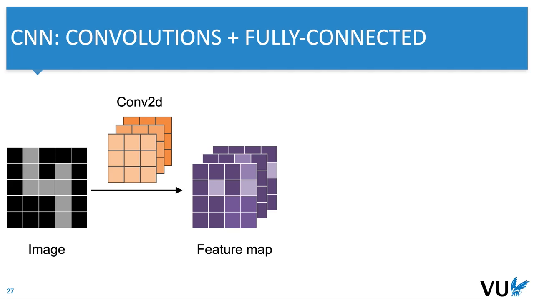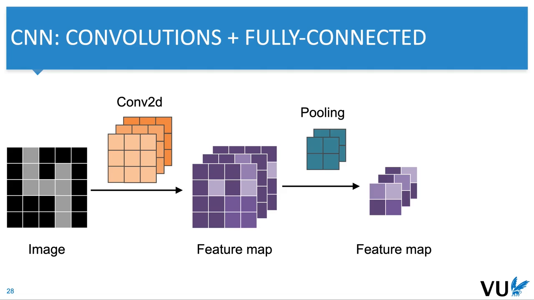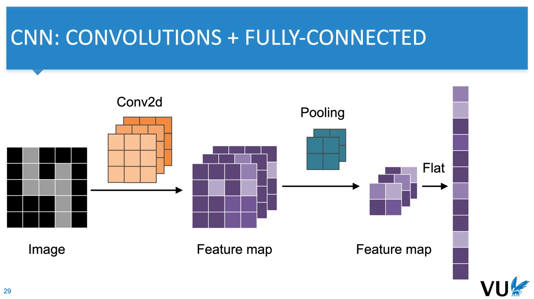So first we have some conv2d layers. We get a feature map. Then we have some kind of pooling to compress it, to be even more invariant to local changes, all right? And we flatten all these channels, and we apply a fully connected layer to obtain one single output.